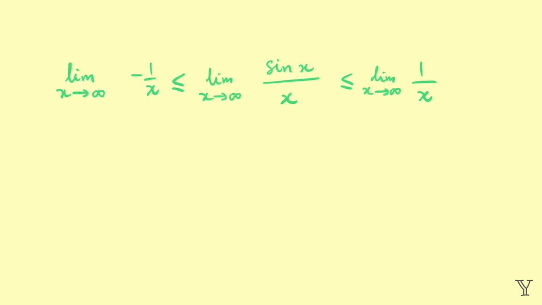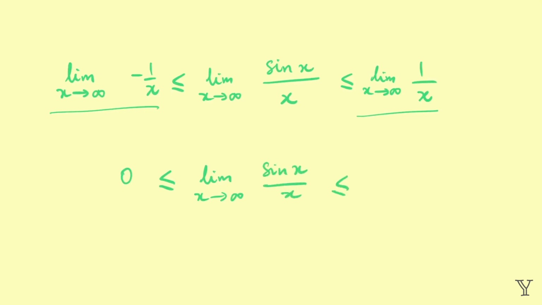The limits on both the extremes are very easy to evaluate. They are simply equal to 0. We therefore come to the conclusion that the limit as x goes to infinity sin x upon x is greater than or equal to 0, and it is less than or equal to 0. In other words, the only possible value for the limit as x goes to infinity sin x upon x is equal to 0.